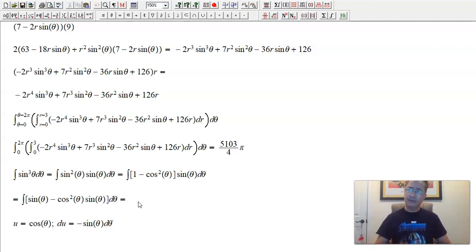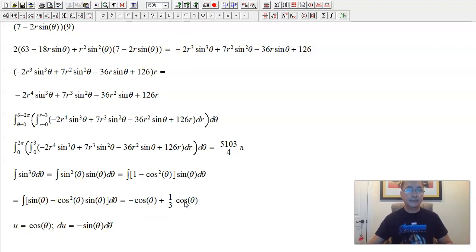And the antiderivative of sine is minus cosine. So plus u cubed over 3, so plus 1/3 of cosine cubed theta. There you go. That is how you integrate sine cubed.